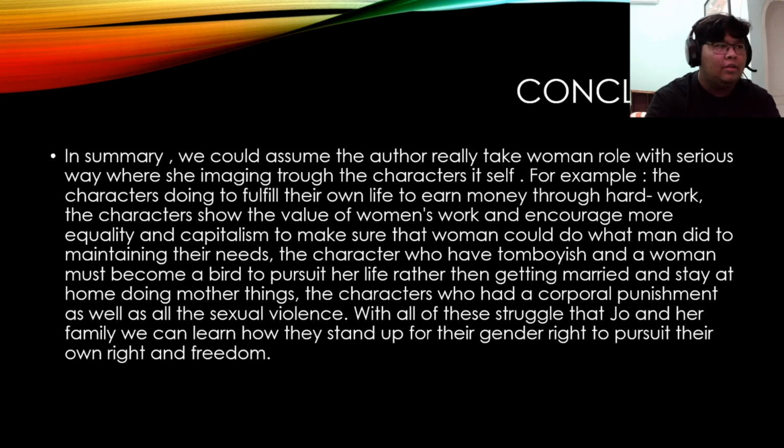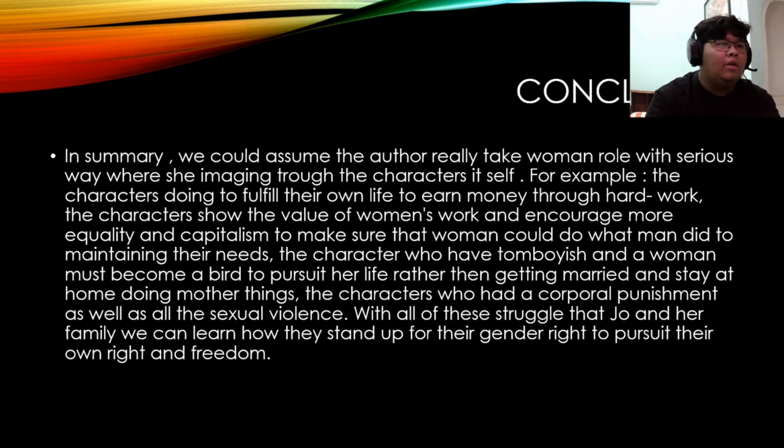In conclusion, we could assume the author really takes the woman's role seriously, where she is imaged through the characters themselves. For example, the characters work to fulfill their own lives and earn money through hard work. The characters show the value of women's work and encourage more equality and capitalism to make sure that women could do what men did to maintain their needs.